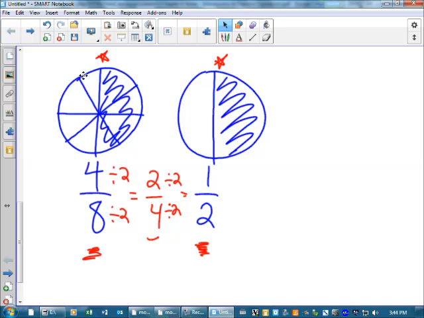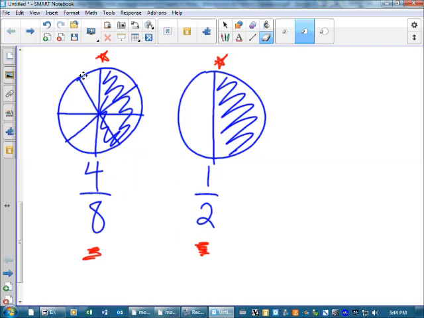Okay. Now, for some of you, this is pretty straightforward, not too tricky. For some, this is not my strength either, never has been. But for some of you, you may need a little bit of help with this. So I'm going to show you a way that you can find out how do I know what to divide by? And that's the big question. So this is what I do, and this is where identifying common factors comes in handy.